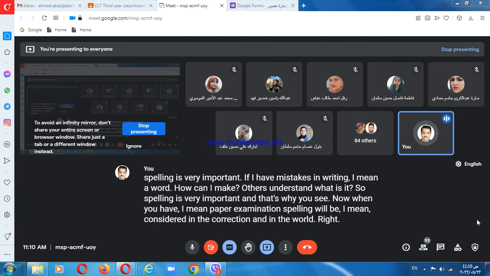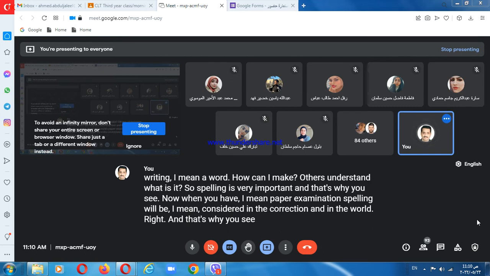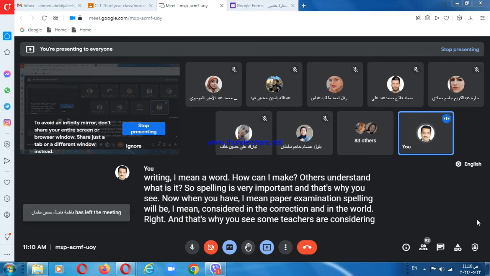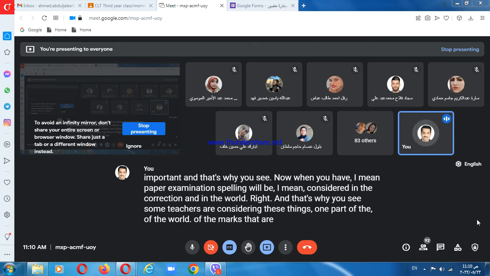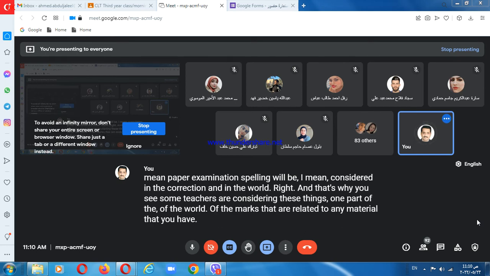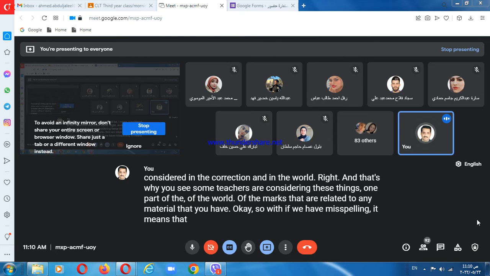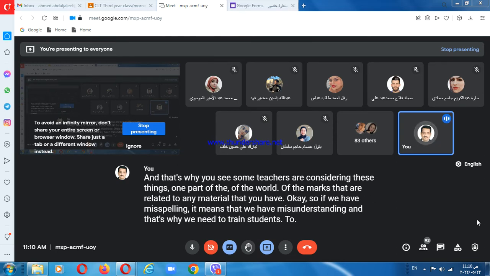Yes. And that's why some teachers consider these things as one part of the marks related to any material. If we have misspelling, it means that we have misunderstanding, and that's why we need to train students to be good at spelling.